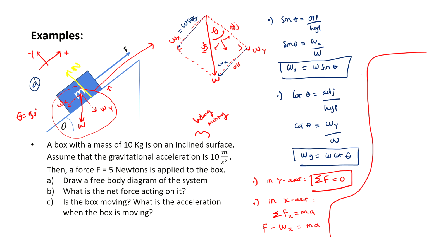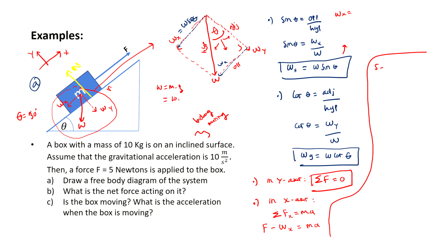For F, it's already defined, that is 5 Newton. For Wx, we have W sine theta. W itself is m times g.